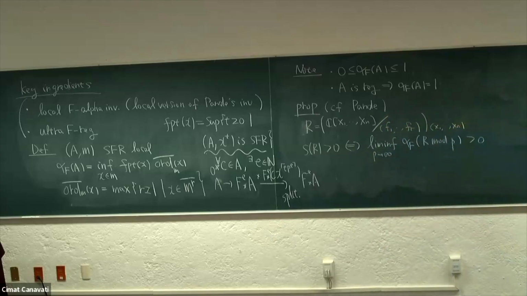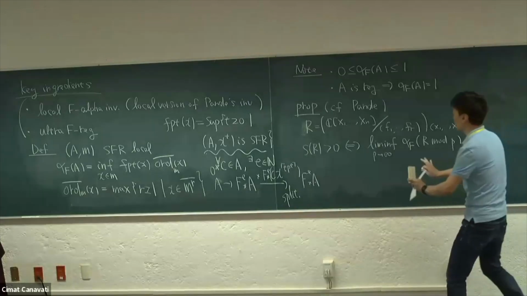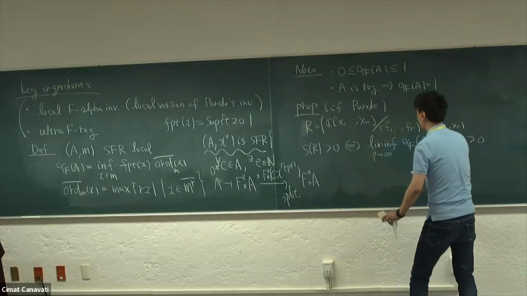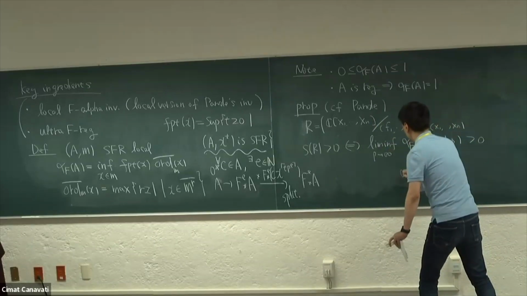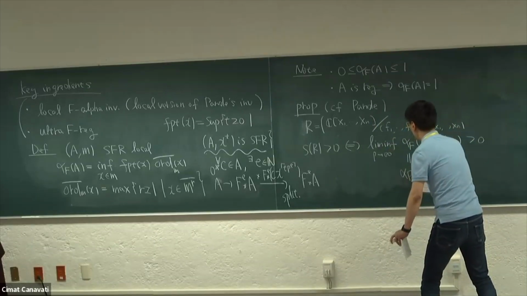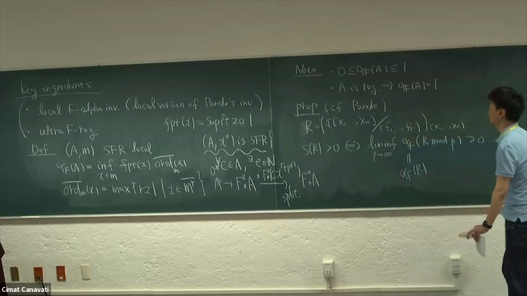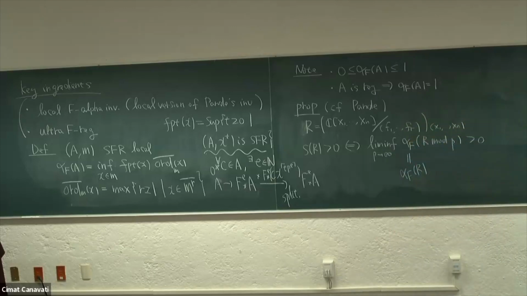So positivity is equivalent. Values are not equal, but positivity is equivalent. That is important. And let me denote this limit by alpha F of R. So this is an F alpha invariant in characteristic 0.